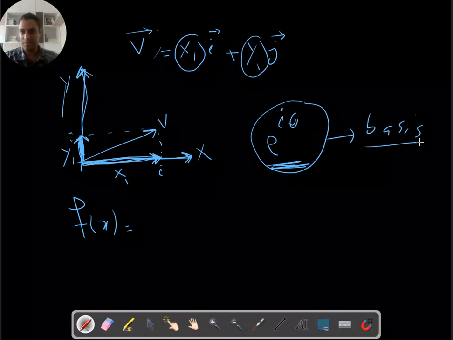These things are not important. I'm just trying to be accurate, but it's not important. These are called bases. And instead of i and j, instead of this x and y, I'm now using this wave.